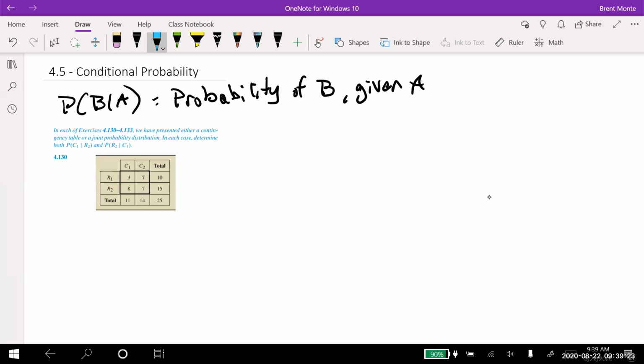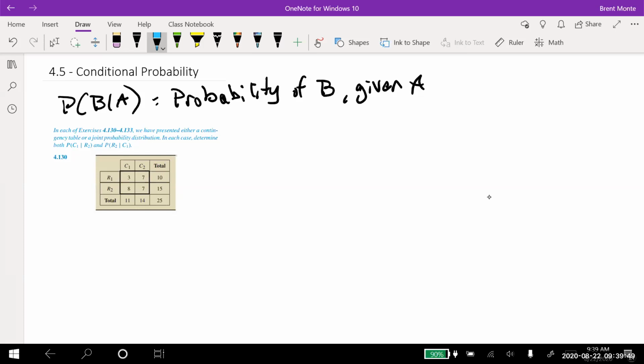In each case, determine both the probability of C1 given R2 and the probability of R2 given C1. Since that's in blue, when you get to problems 4131, 4132, and 4133, there's not going to be any instructions next to it. But since they're written as a blue number, you have to look back until you get to a set of blue instructions. And that will be the instructions for those problems.